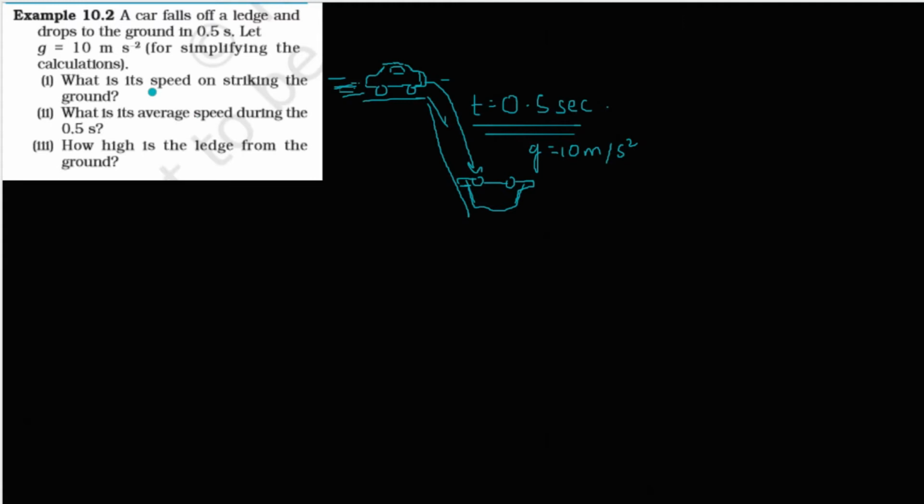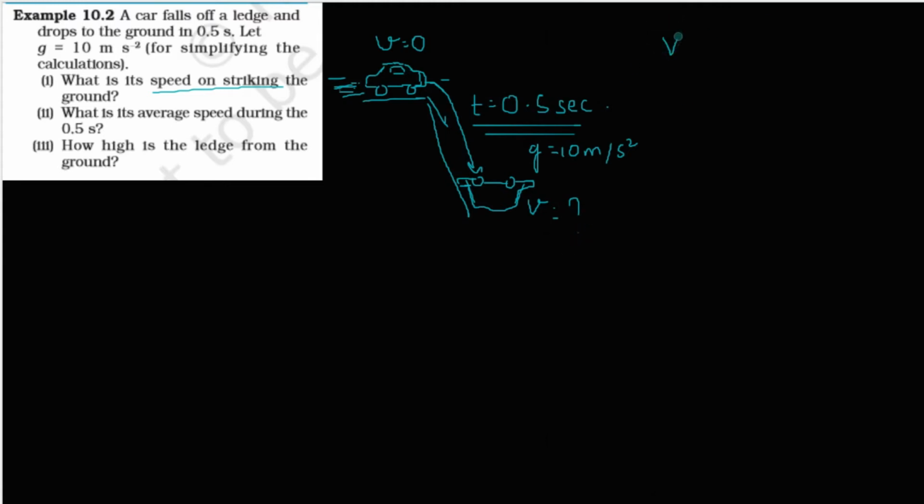Now the first question is speed. Now you need to find the speed. This is the u and this is the v, initial and final. Initial, if it is falling to the ground, it must have velocity 0, and at the ground I don't know.